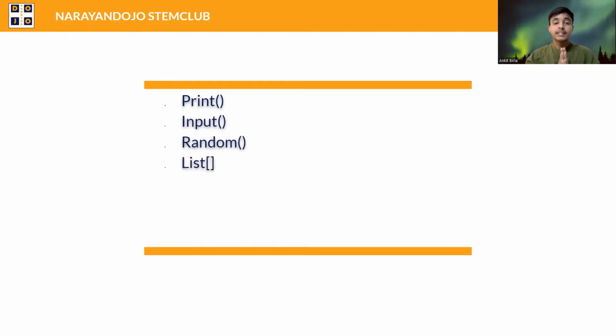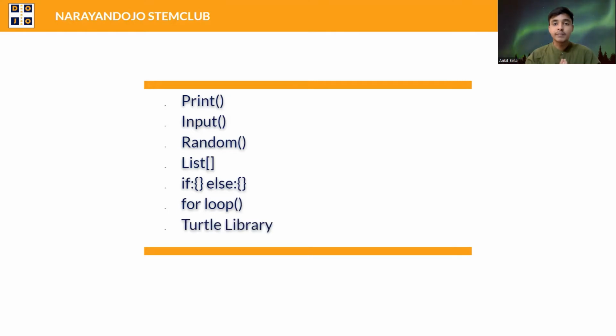Also, we have used the list for adding multiple elements inside the list. We have seen the if-else conditional block for putting the condition and performing some action. We have used the for loop for performing the same thing again and again. And also in the turtle list game, we have used the turtle library for making some graphics.